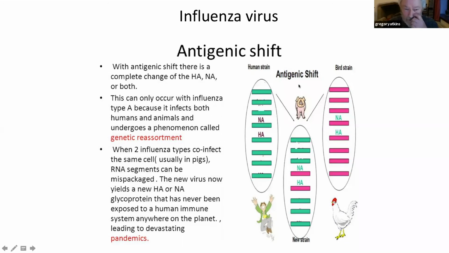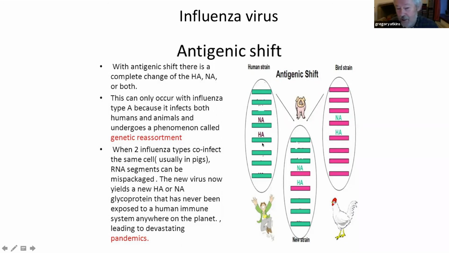So the formation of these pandemic strains, which sweep the world, is caused by a process called antigenic shift. What happens here? Well, flu virus is an RNA virus, but it's peculiar because it's got 8 different segments to its RNA.